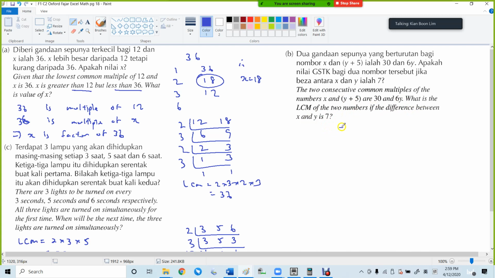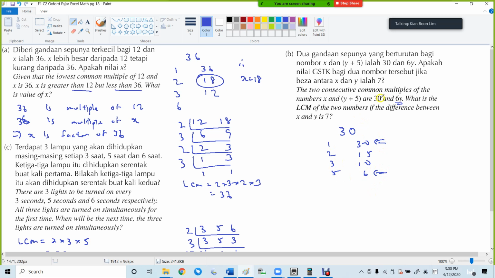So we know that 30 is 1 times 30, 2 times 15, 3 times 10, and 5 times 6y. The y is actually an integer. We assume x must be an integer, otherwise we cannot do this kind of question. So the y can be 6 or 30.